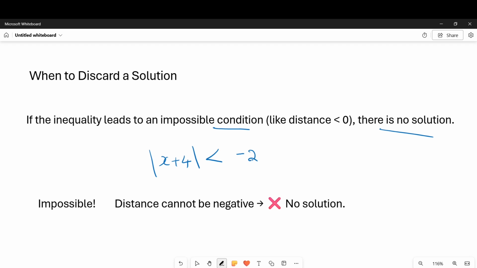Less than minus 2 means a negative value, but an absolute value can never be negative. So in these cases we directly say impossible: the distance cannot be negative, so no solution. For this kind of inequality, there is no need for further computation. We can directly say there is no solution.